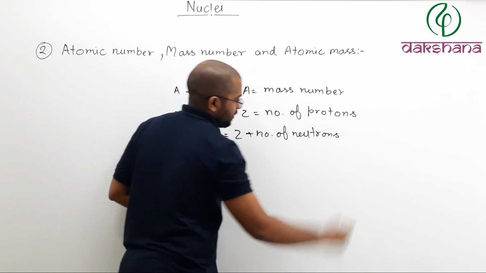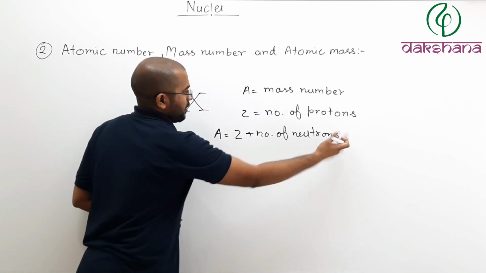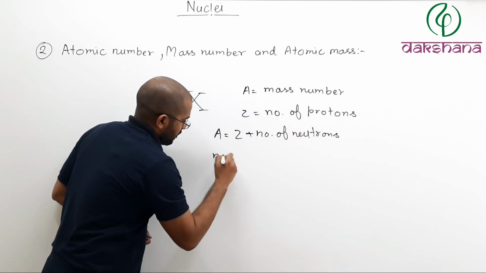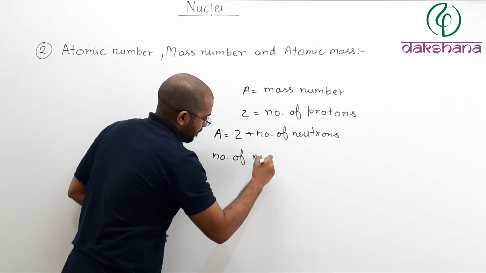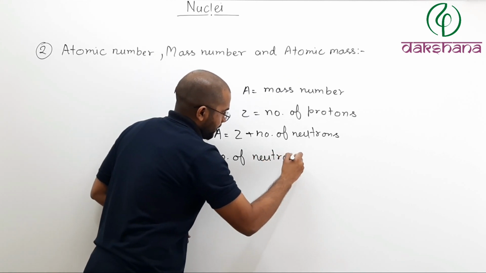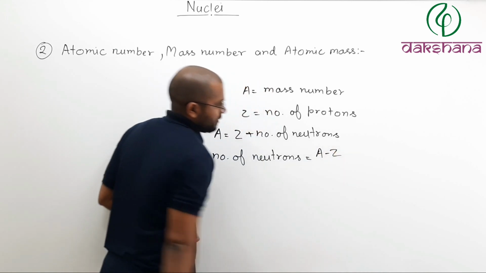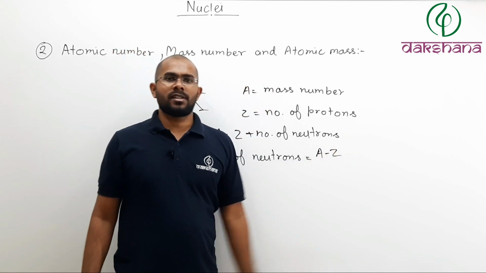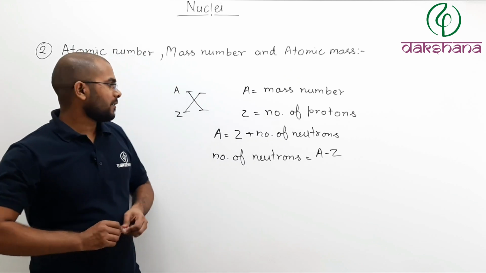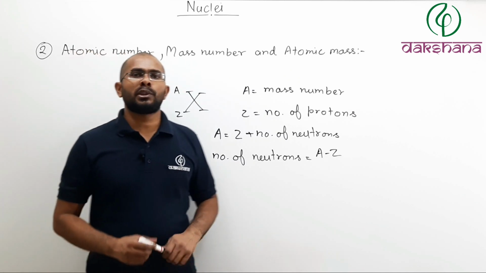And if they are asking number of neutrons, what you can say? Number of neutrons is equal to A minus Z. What is A? Mass number. What is Z? Atomic number. So that way you can calculate number of neutrons.